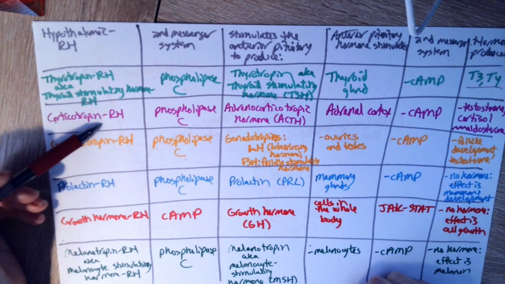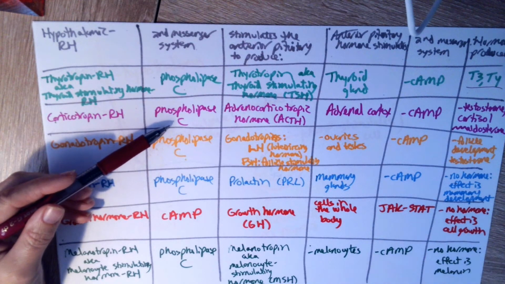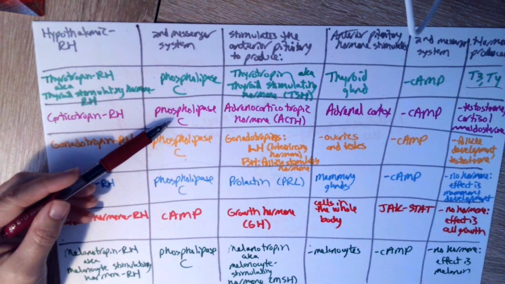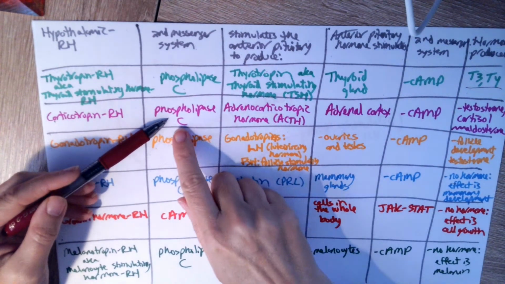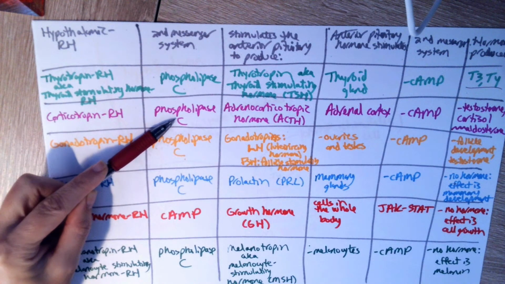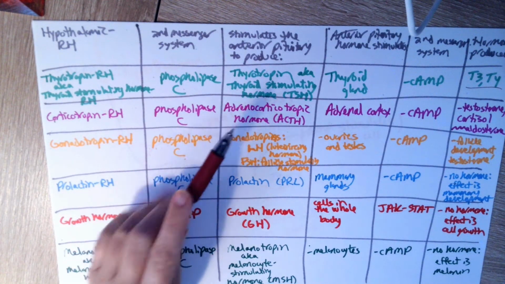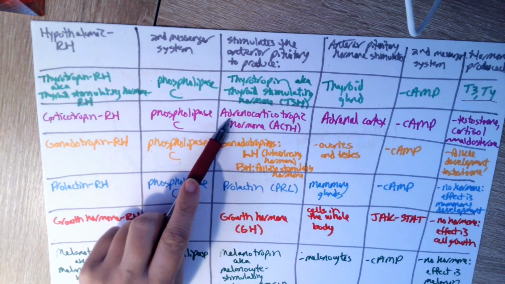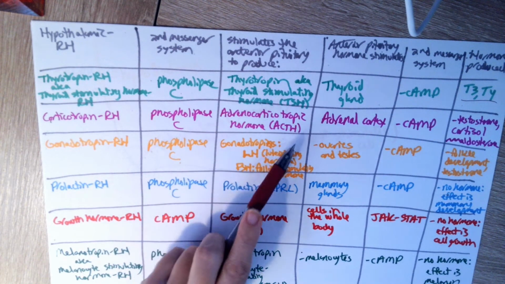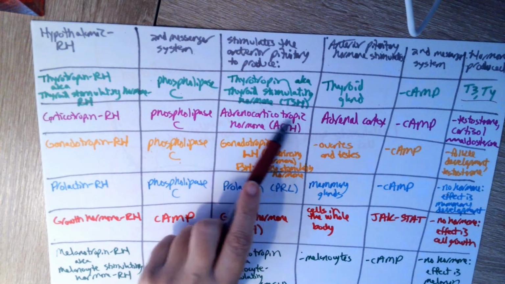So corticotropin releasing hormone from the hypothalamus goes down through the hypophyseal portal system into the anterior pituitary, and it causes that cell in the anterior pituitary to make phospholipase C. That's the second messenger. It stimulates that cell to make adrenocorticotropic hormone, or ACTH, adrenal cortex stimulating hormone, essentially.